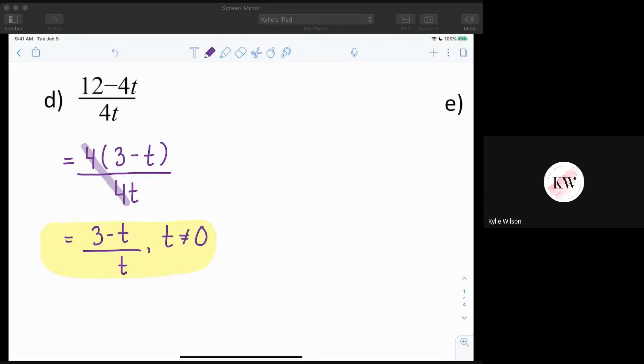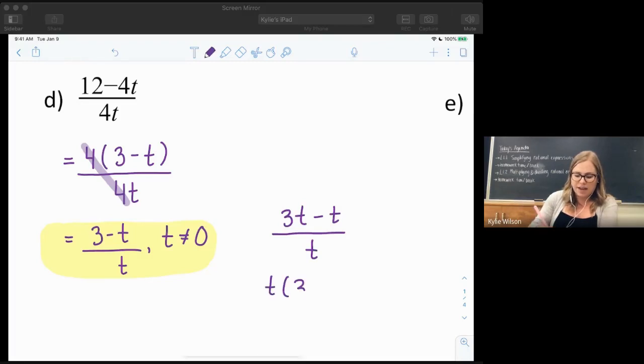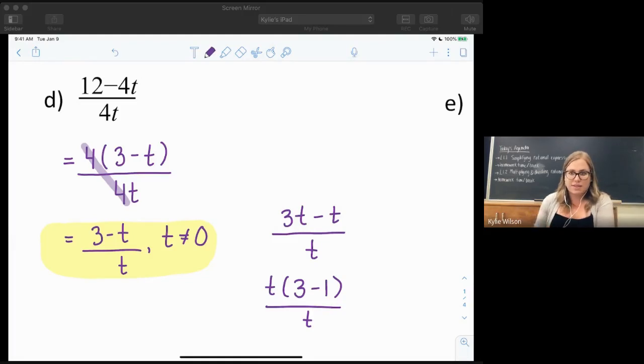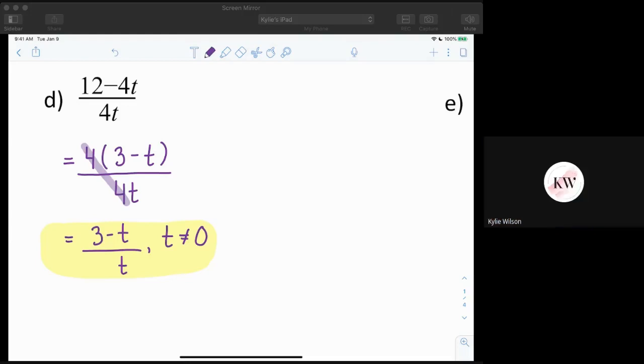Why we can't cancel these t's here is there isn't a factor of t with this 3. This 3 here doesn't have a t attached to it. I can only cancel it if everything has a t. So if we had 3t minus t or something like that over t, I could factor out that t and then they could cancel. If I have a situation where there are still addition or subtraction signs not in a bracket, I can't cancel stuff.